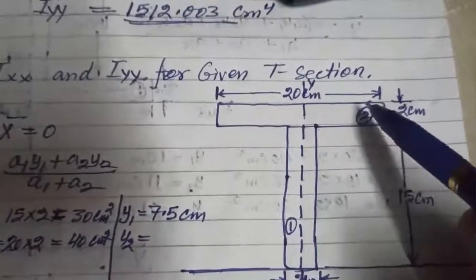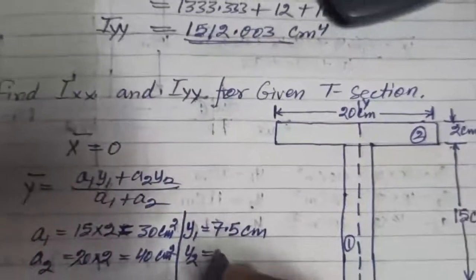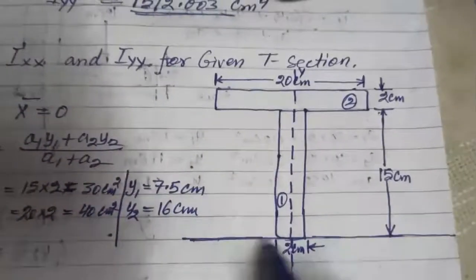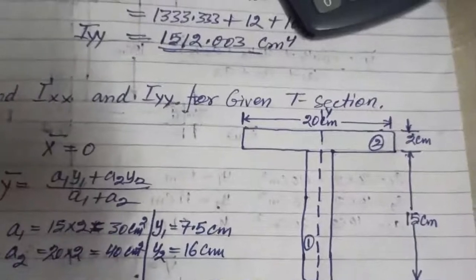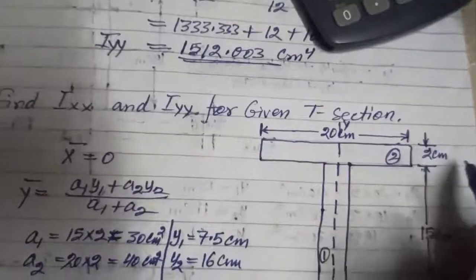So from the lower side it is at 15 plus 1, 16 centimeter, because this is a reference line and we are measuring the distances from here. So from here it is 15 plus half of this, 16.